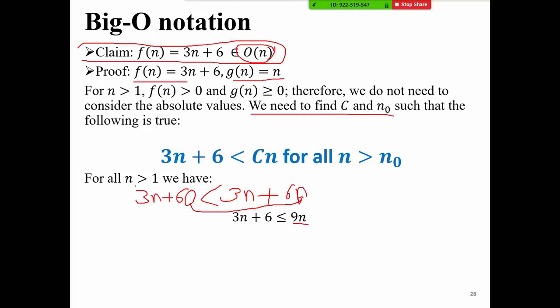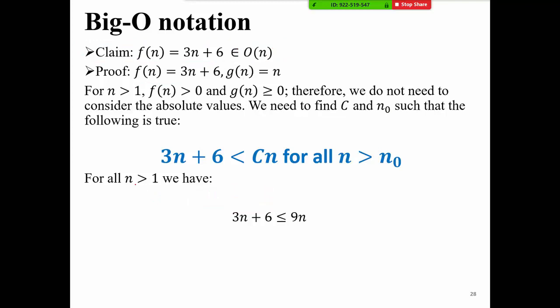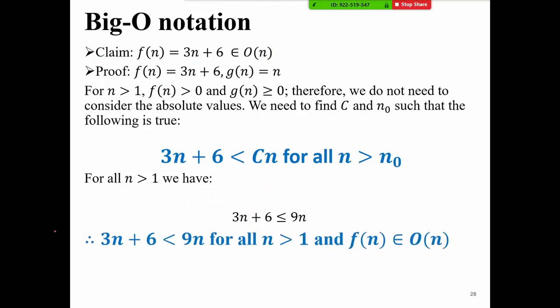You can prove that. You can take some values. Take 2, for example. This will be 6 plus 6 is 12, and 12 is less than 18. Even for 1, this will be 9 less than or equal to 9, which is the equality point when n0 is equal to 1. So 3n plus 6 is less than or equal to 9n for all n greater than 1, and f of n is then a member of O of n.